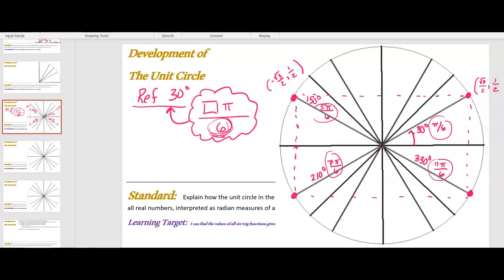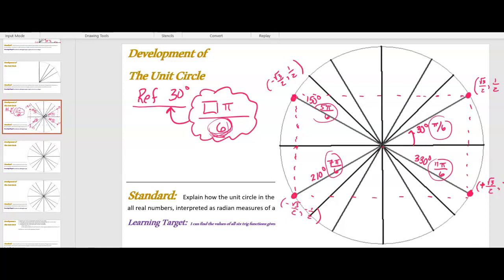And if I'm in the third quadrant, it's negative root 3 over 2 and negative 1/2. And then this point is root 3 over 2, negative 1/2. I'm sorry, positive root 3 over 2.